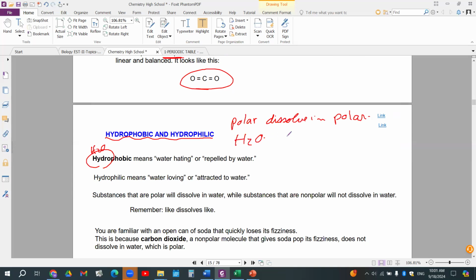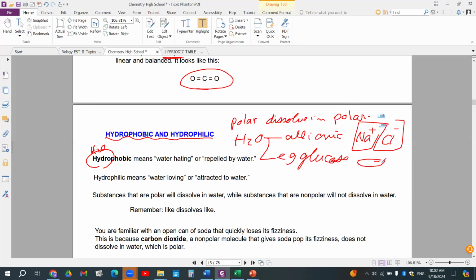So all ionic compounds dissolve. Why? Because ionic compounds have a positive end and a negative end. They dissolve to the extent that they separate and move freely. A polar compound, for example glucose, has a positive end and a negative end.